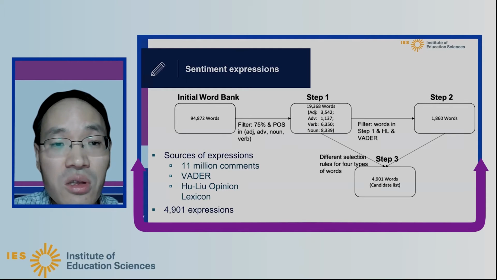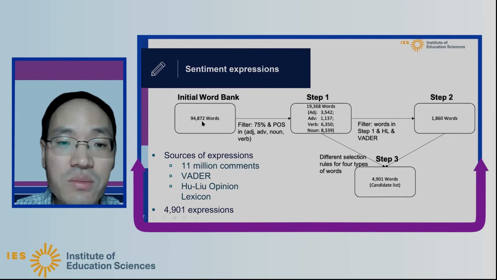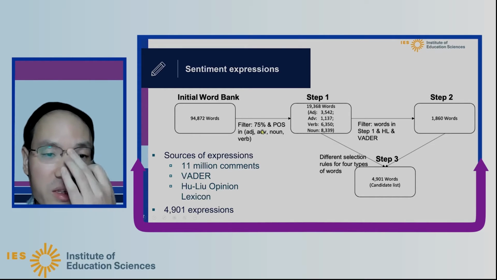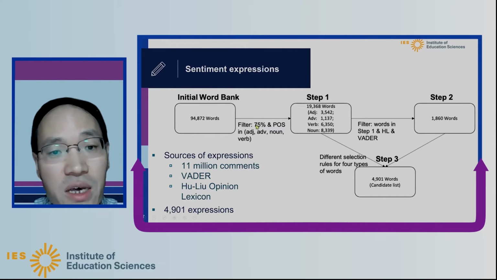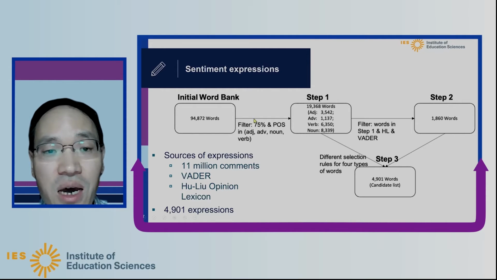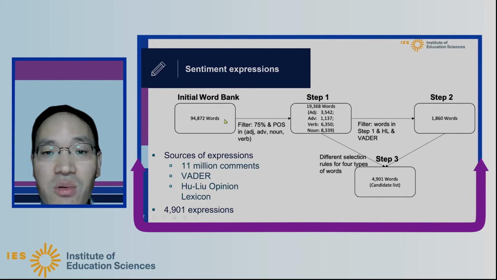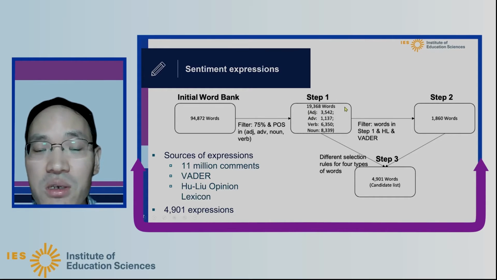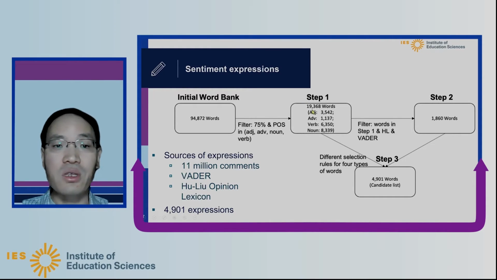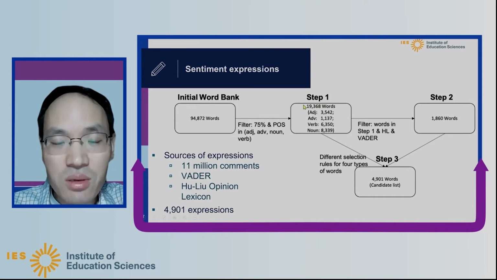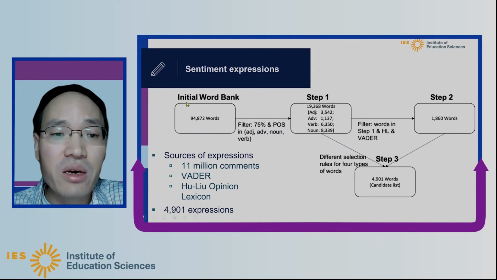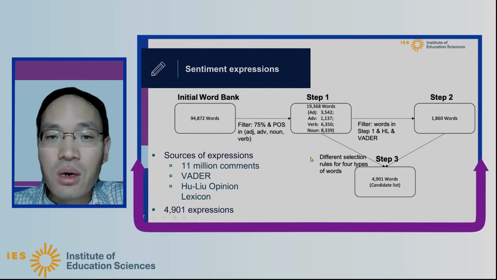So if we take into consideration the different forms of words, in total we have about 94 or 95,000 words. Then we kept the words used most frequently, for example, those in at least the 75th percentile. After that, we had about 20,000 words left among the total of about 50,000 words.